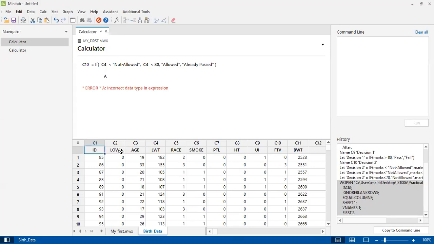So can anyone tell me what type of variable is Low? You can go through the lab sheet, then go through the little explanation about Low, and then you will realize what it is. Is it a categorical one or a numerical one?